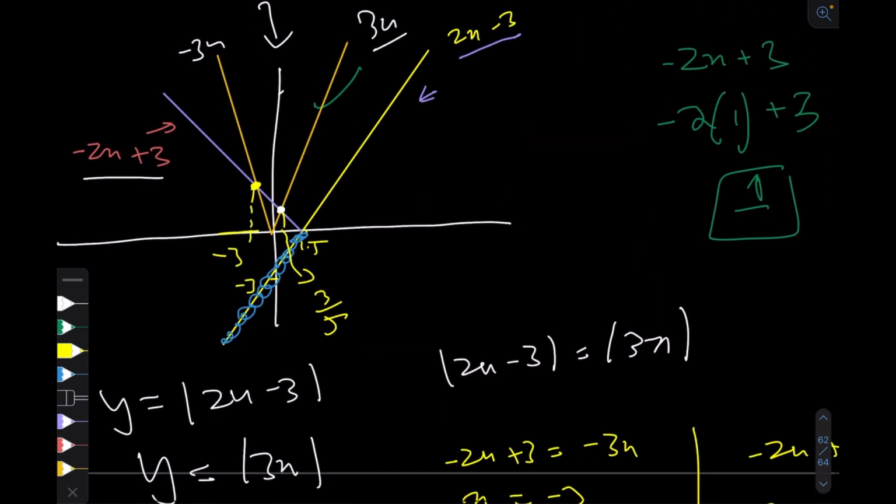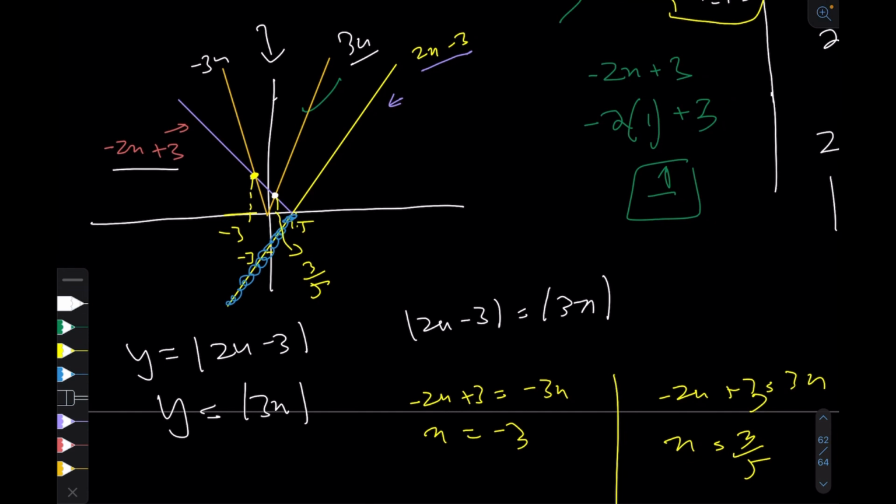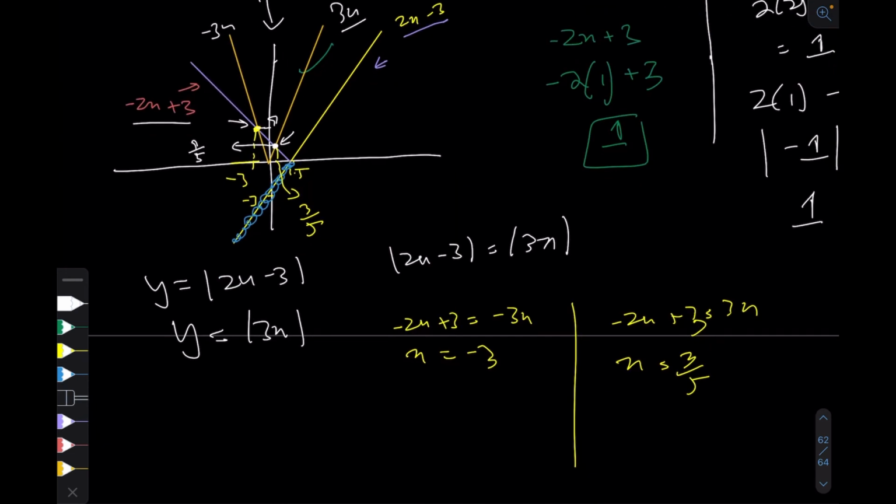Even though I've drawn a very rough graph, I can roughly tell that negative 3 makes sense, and 3 over 5 also makes sense. If I plug these values into either of these equations, I'll get the y value 9 and the y value 9 over 5, which also makes sense because this point is lower than this point. So that's how you solve questions where you have to equate two moduluses.